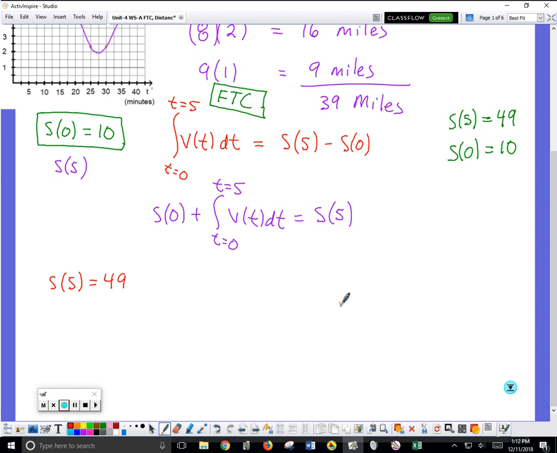Create an equation that shows how to find the position at time 0. So what's that equation going to look like? You're still just rearranging the fundamental theorem of calculus to come up with a new equation. Who else can see it? Don't think too hard. It's not a hard question. Just, what equation do I write that says, here's how I calculate the position at time 0?